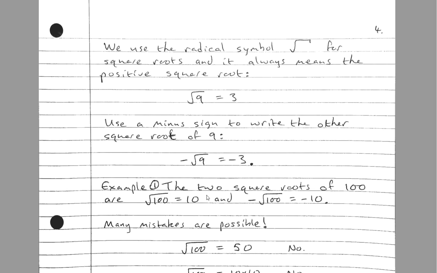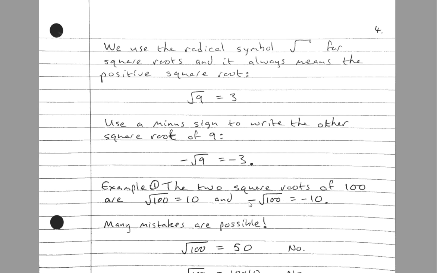Okay, so example 1 here. If we're looking at square roots of the number 100, so radical 100, that means the positive square root. That's 10. Yeah, 10 squared is equal to 100.